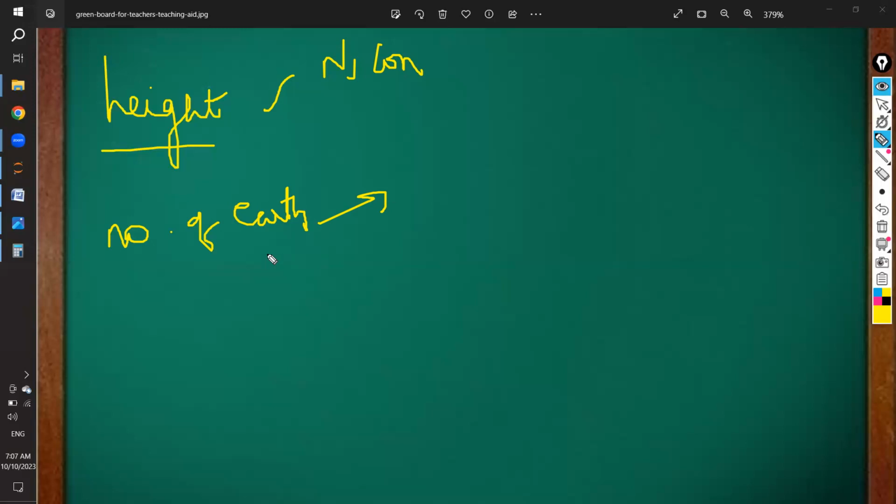Number of earthquakes, guys. భూకంపాలు ఇప్పటి వరకు ఎన్ని వచ్చి ఉండే? What could that value be? Why guys? What's the confusion here?